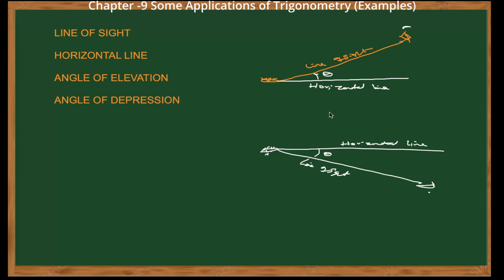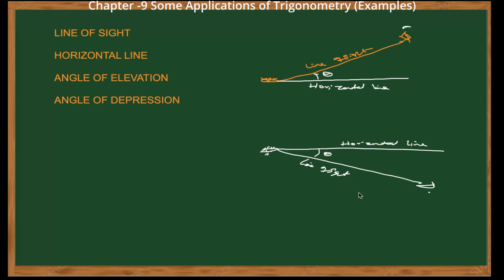So you can remember, elevation is at the top, depression is down. Angle of elevation and angle of depression are the terms which we'll be using in our examples when we are solving the questions. Hope this is clear, students. These are just terms, no need to byheart. When this is being referred, just try to recall that. It will help you to draw the angles.